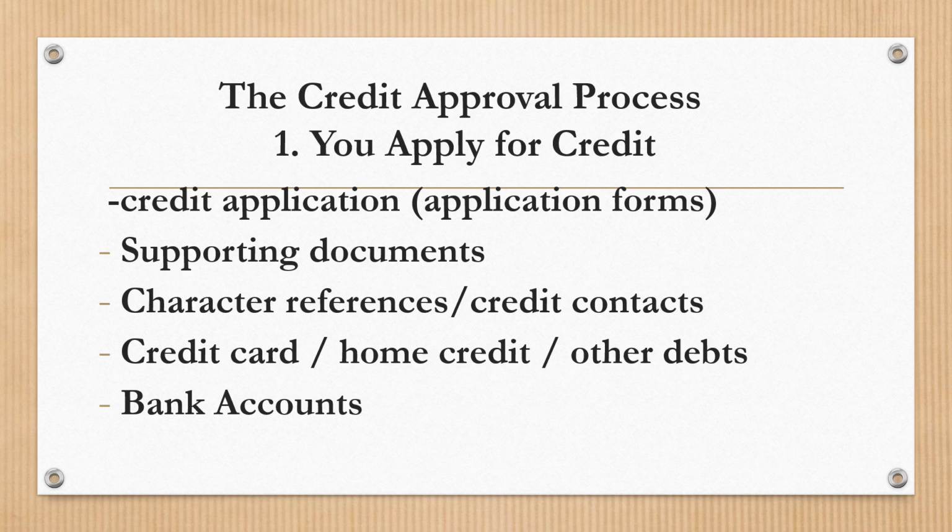Whether online or in writing, you have to attach supporting documents, such as a certificate of employment and compensation, your income tax return for the past year, and your payslip. Some lenders require you to present bank statements, especially if the amount we are asking for or want to avail is large.